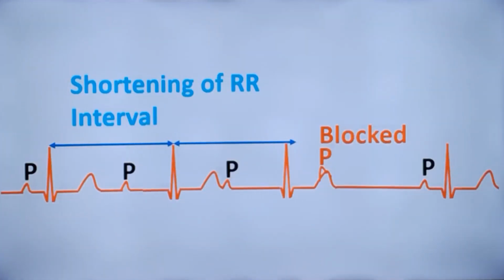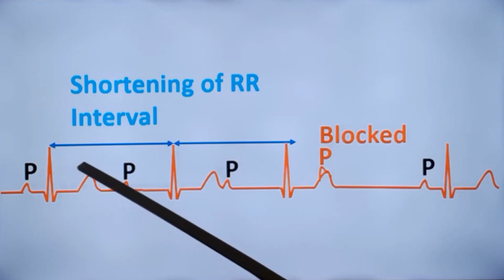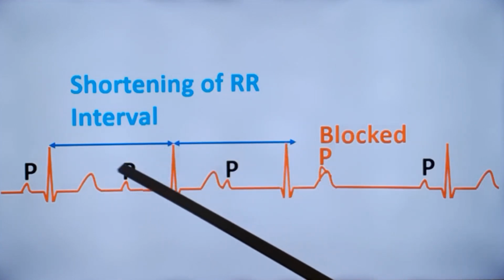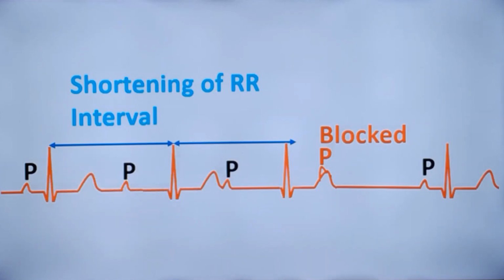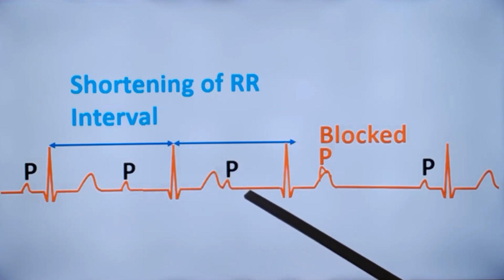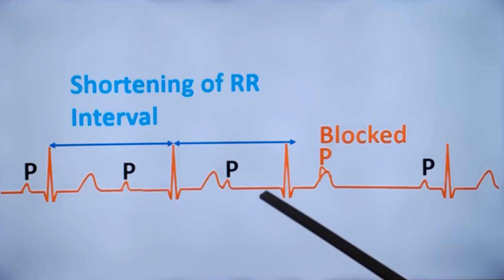This is another feature of Wenckebach sequence. There is progressive shortening of RR interval. You can see that this RR interval is shorter than this RR interval. That is because of decremental increments of PR interval. The maximum increase occurs from the first to second, and from second to third the increase is a little lesser.